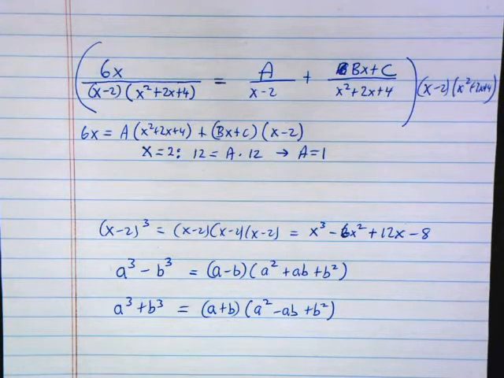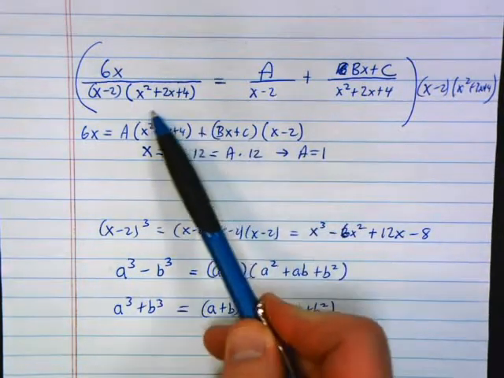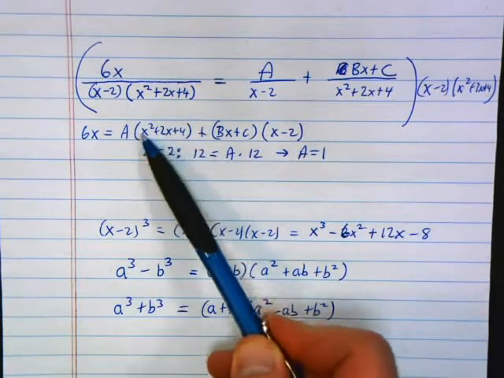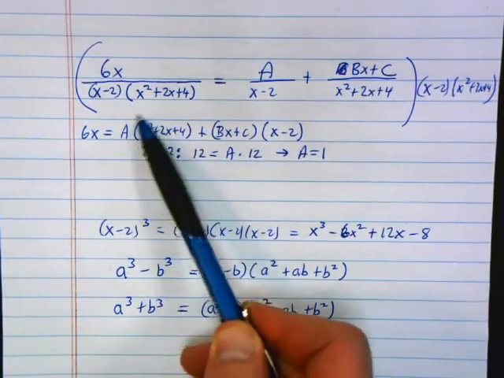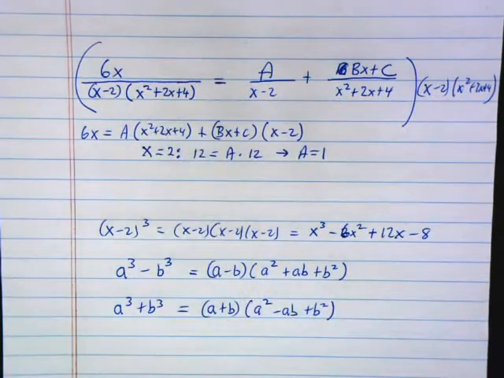What's my next favorite number to plug in? Well, what would I like to have happen? I'd like to plug in a number to make this be 0. What number do I plug in to make that equal 0?